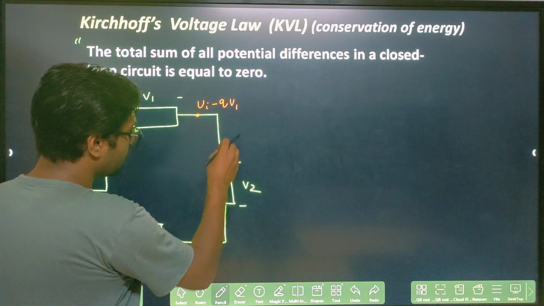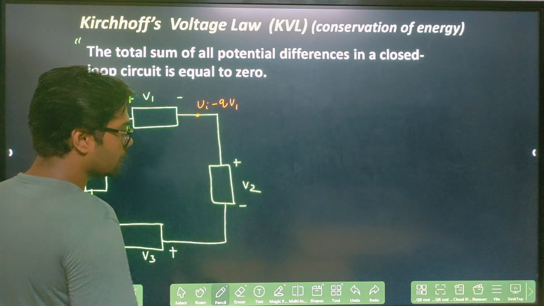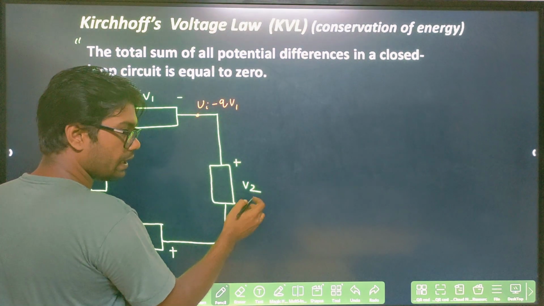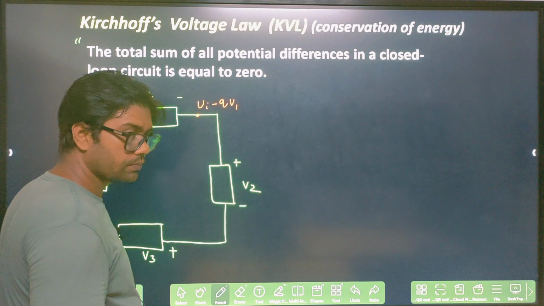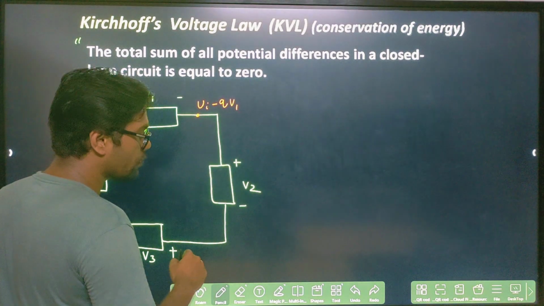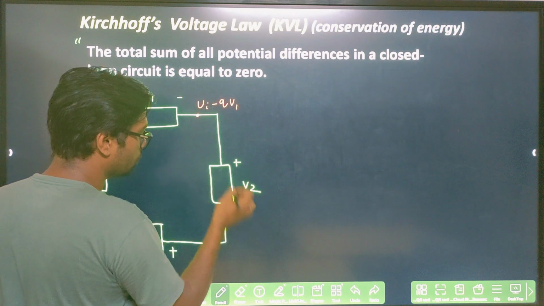Now this charge will flow through another electrical device whose potential difference is V2. So here also it will lose some amount of energy because it's going from positive to negative.